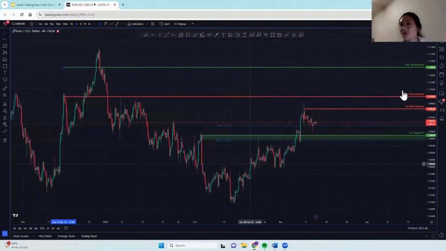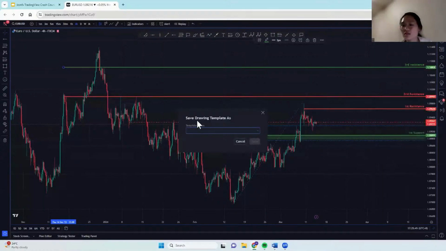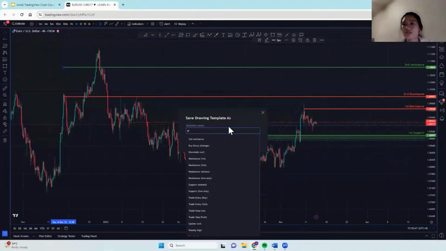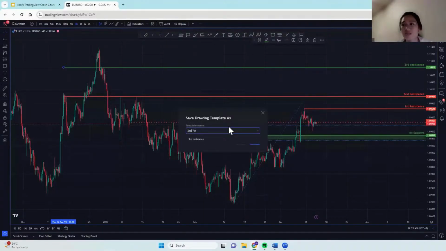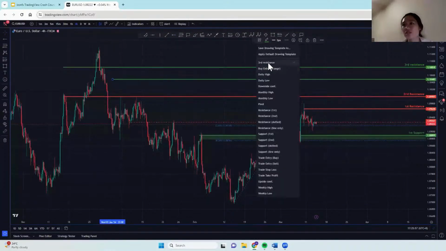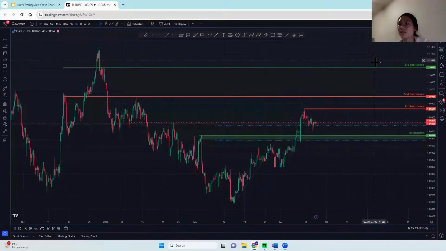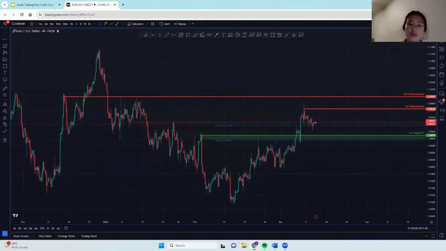So this is the third resistance, so I'm gonna save this as third. Again, every time I want to use it, I'll just click on this and it will pop up here. Okay, so that's how we label the first and second support and resistance levels.